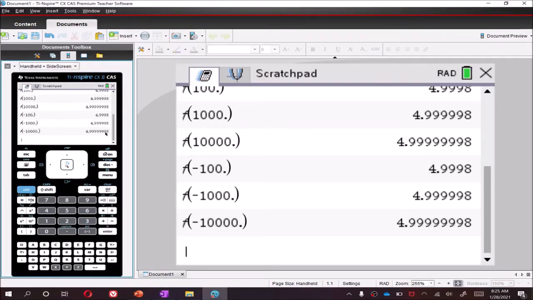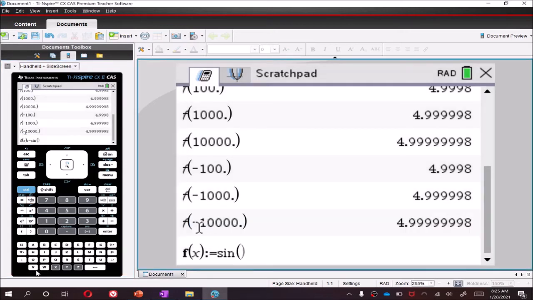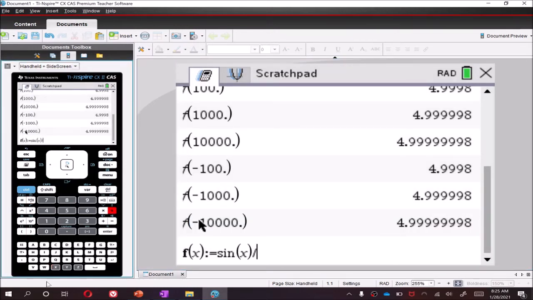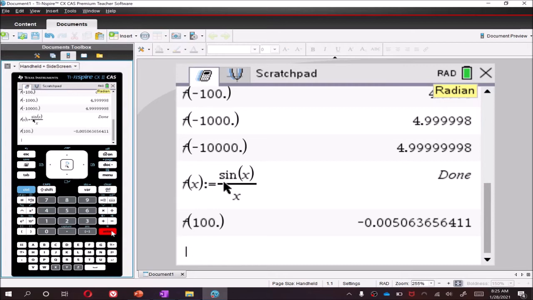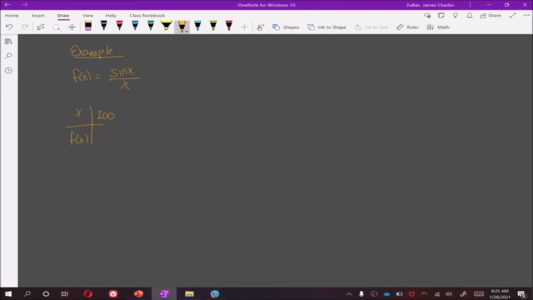Let's redefine our function. And so f of x is now going to be defined as sine of x over x. f of 100. Make sure I'm in radians, which I am. So negative 0.005, let's say 0.0051.